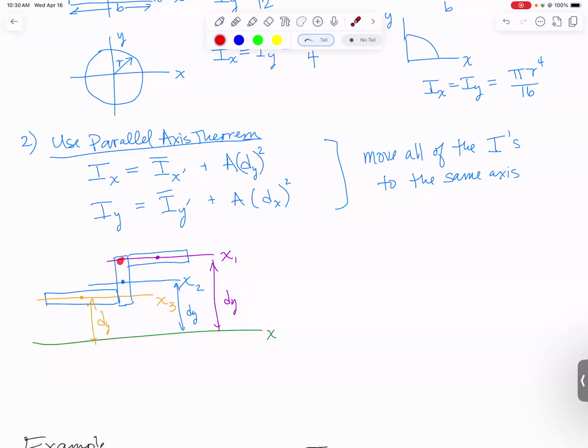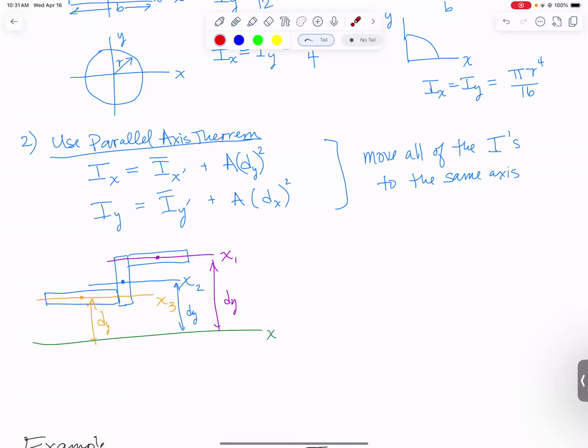For this next shape over, I'd use its 1/12 bh cubed, and then its area times the distance between its centroidal axis x2 and the overall axis x. And finally, for this area, I would find the moment of inertia of this shape about its own centroid, and then take the area times the distance between the two axes squared.